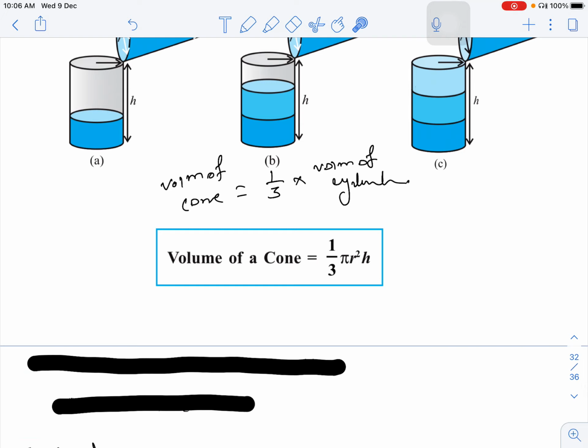1 upon 3 into the value of pi, which we have considered as 22 upon 7. R is 6 centimeter. Since here it is r square, we write 6 into 6, into the value of h, which is 7. Now we can cancel these numbers. 7 ones are 7, 3 twos are 6. So in the next step we get 22 into 2 into 6.